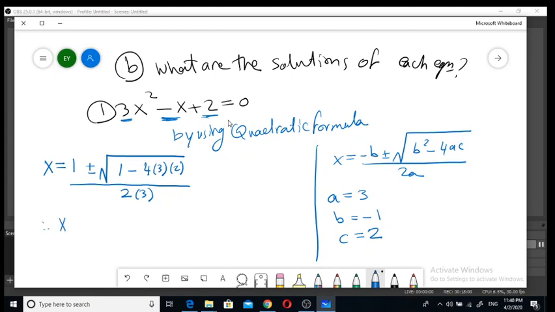Then x is equal to 1 plus or minus square root of 4 times 3, 12 times 2, 24. 1 minus 24, negative 23 over 6.